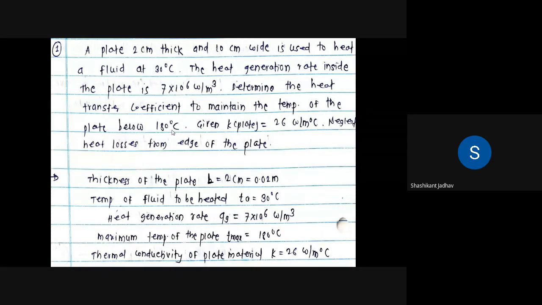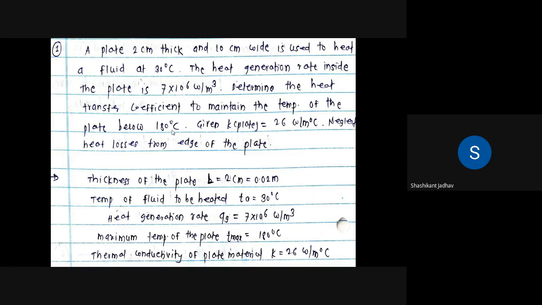Okay. So first of all, you have to read that problem carefully and write down the given things. A plate 2 centimeter thick, so the thickness of the plate is given. So capital L is equal to 2 centimeter. We have to convert that centimeter into meter, so 0.02 meter, and 10 centimeter wide. So width is given 10 centimeter, used to heat a fluid at 30 degrees Celsius.